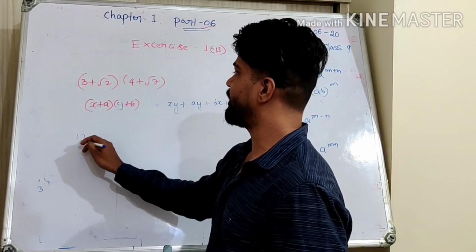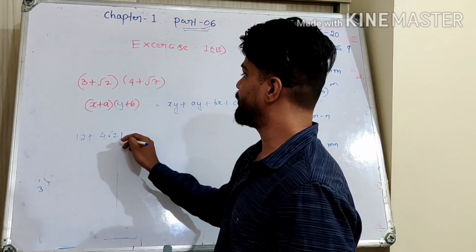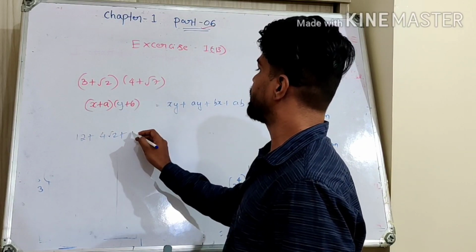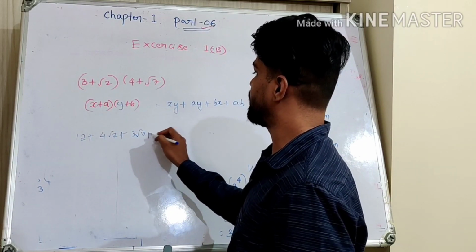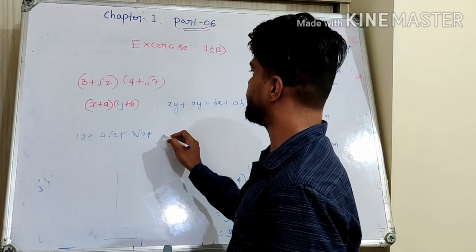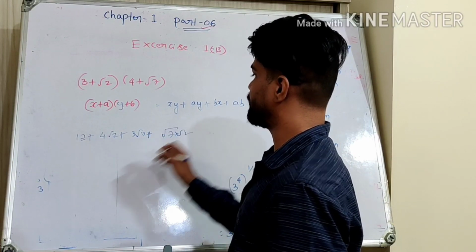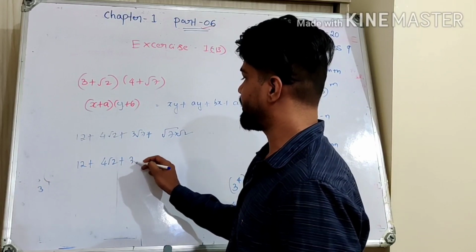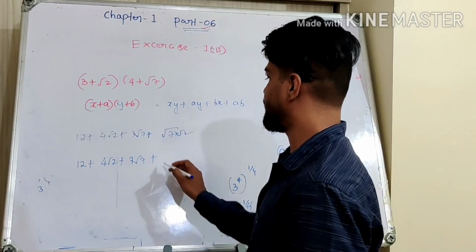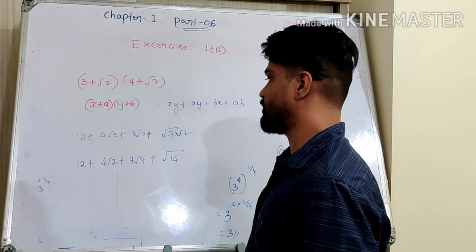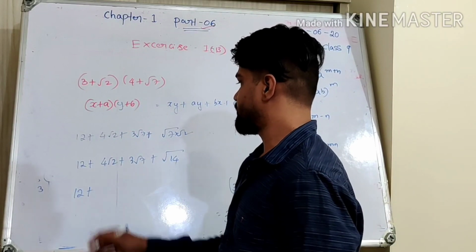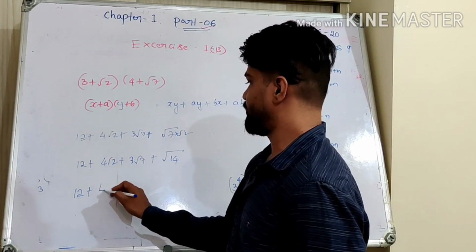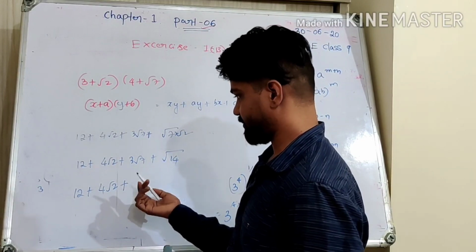3 into 4 is 12, and 4 root 2, and 3 into root 7, plus root 7 into root 2, which is going to be 12 plus 4 root 2 and 3 root 7, which cannot be added, and then root of 14. So this can be further simplified. Still we can do one thing. 4 root 2 is there.